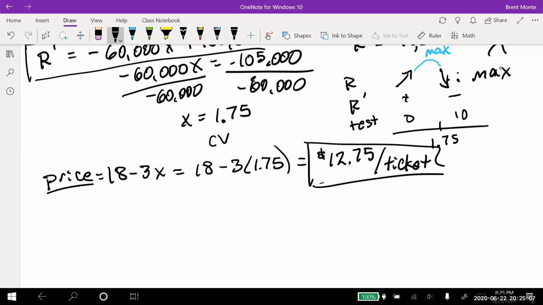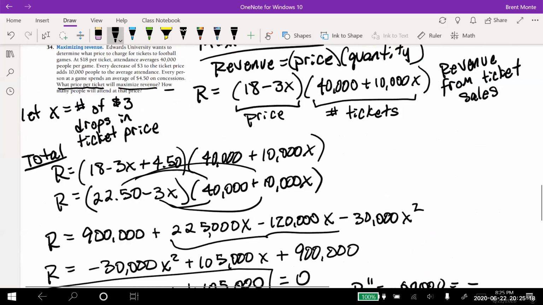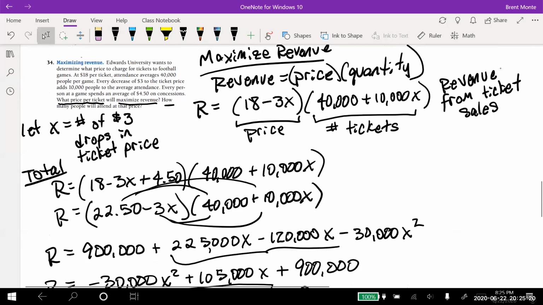That's my price. And then the question says, well, how many tickets will we sell? Well, that's the quantity. And the quantity was 40,000 plus 10,000X. Number of tickets, 40,000 plus 10,000X.